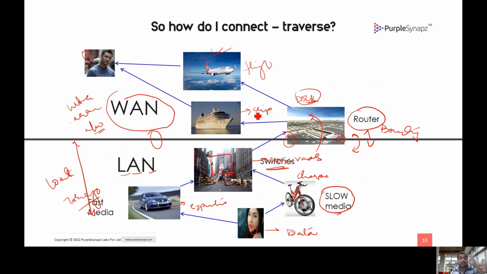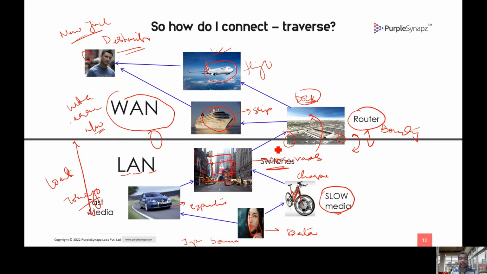Mind my handwriting, please. And there also you have a faster medium, you have a slower medium. And this is our destination. This is your source, Japan, and she herself is the data here. The source is Japan, destination is New York. So the data going through a media goes to a switch.